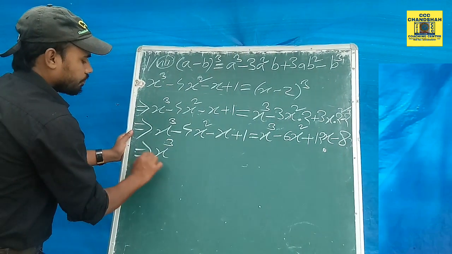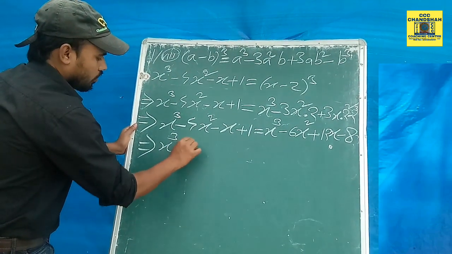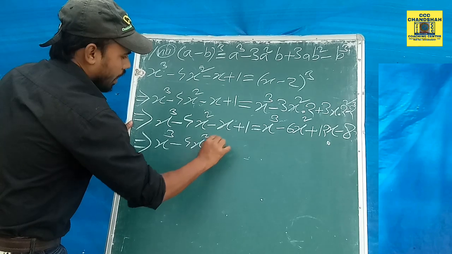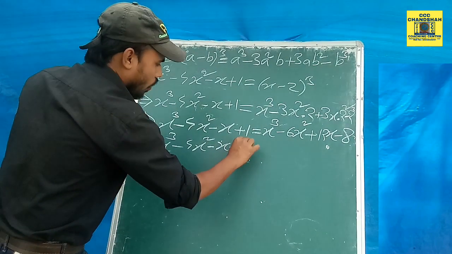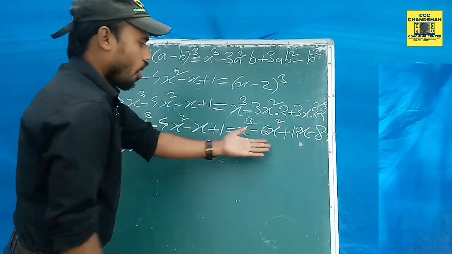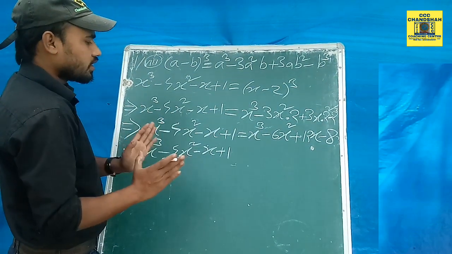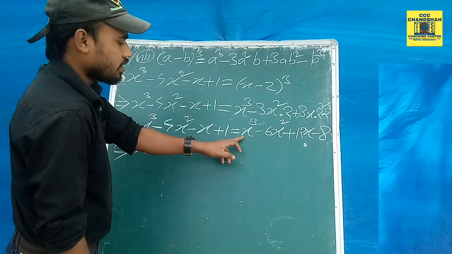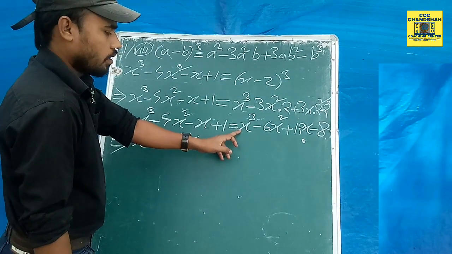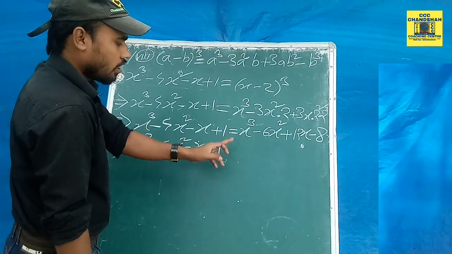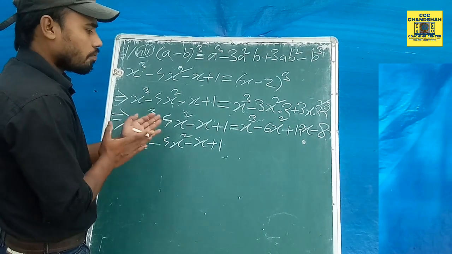Now transfer all these terms to this side. x cube minus 4x square minus x plus 1. Transferring all these terms to this side, the symbols will be changed. Here it is carrying plus, now it will be converted into minus.